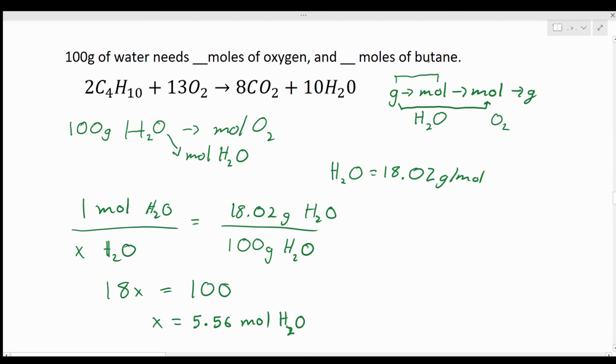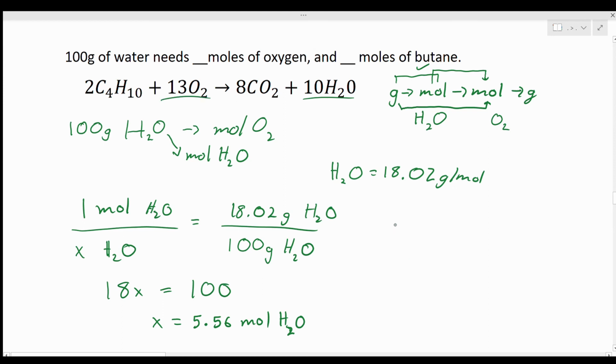Now we need to convert moles of water to moles of oxygen. And to do that, we use the stoichiometric coefficients to tell us the relationship between water and oxygen.